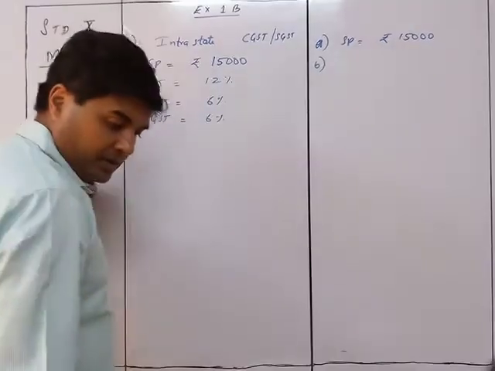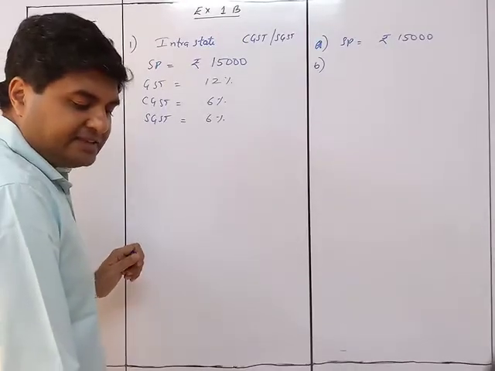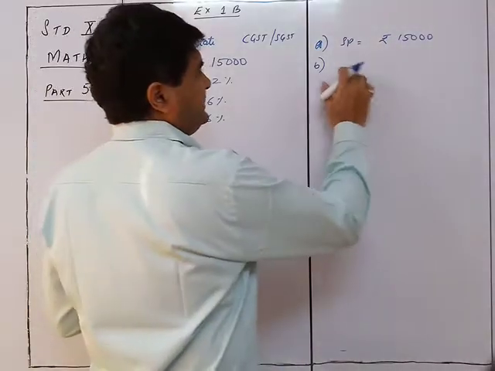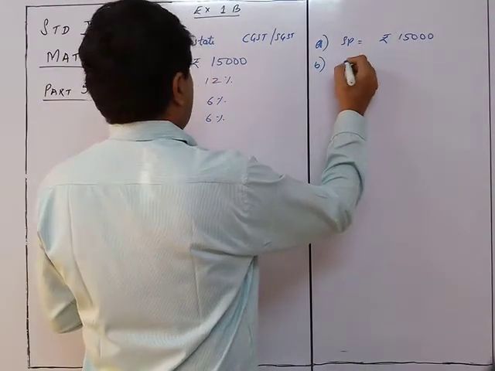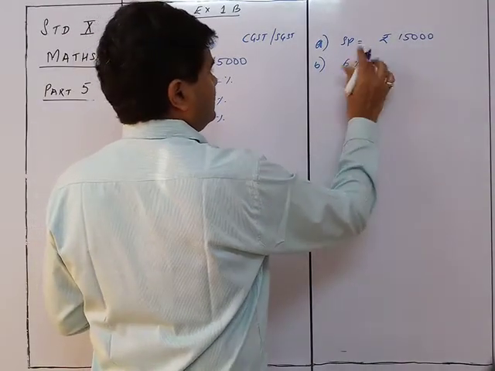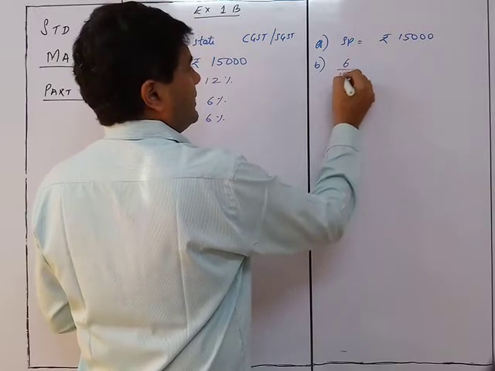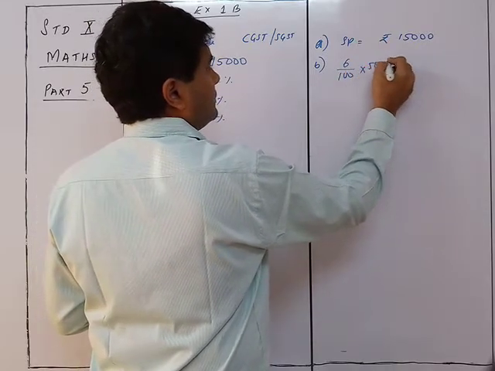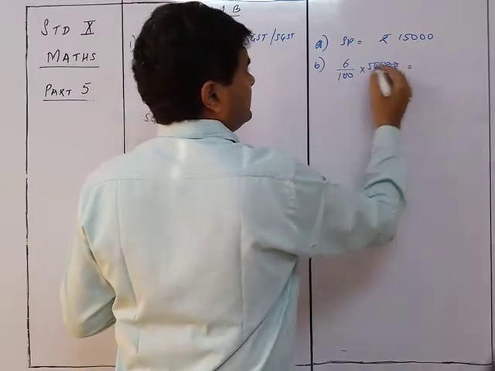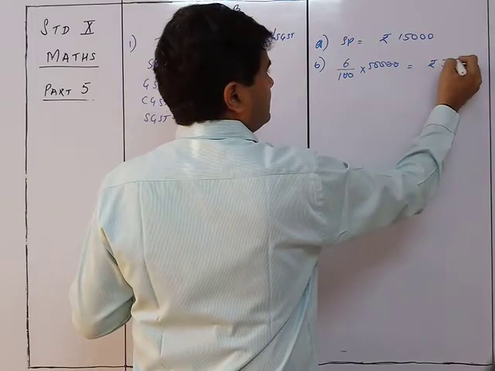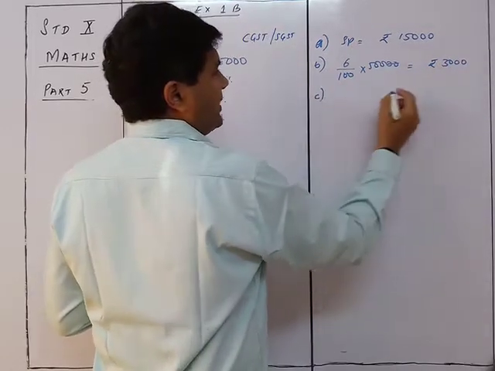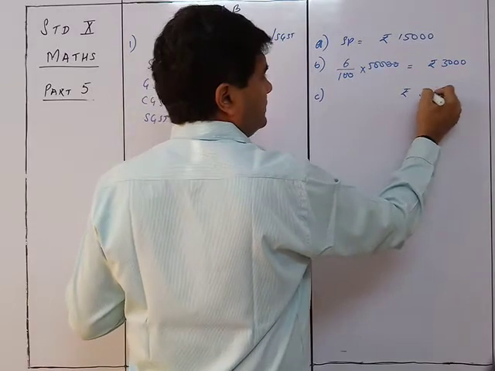Question B, CGST, SGST. What will CGST, SGST be? It will be 6% of 50,000. So 6 upon 100 into 50,000, that is rupees 3,000. C will automatically be again rupees 3,000.